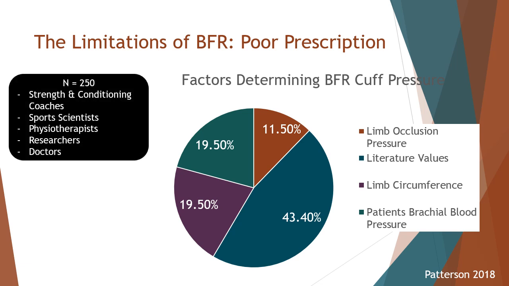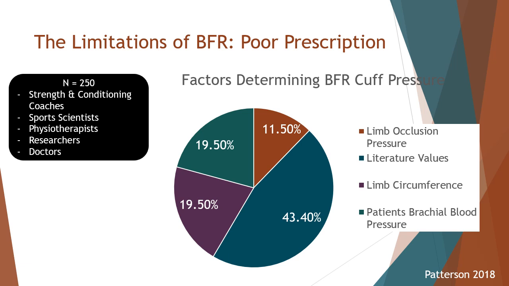So you had a questionnaire survey with 250 respondents, and you can see it's kind of all over the board for what was determination for limb occlusion pressure. So only 11% of the individuals that responded, or professionals that responded here, were using limb occlusion pressure.